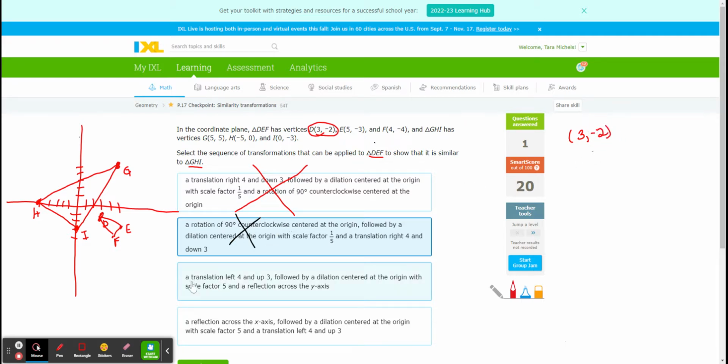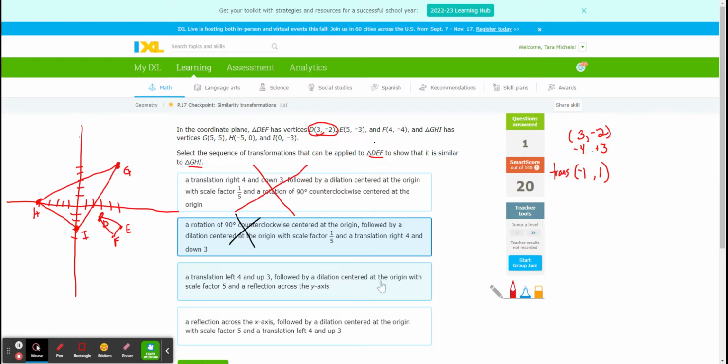All right, so we want to do a translation left 4, up 3. So left is negative direction and up is positive. So our new point, 3 minus 4, would be -1. -2 plus 3, a +1. All right, so that's the translation.